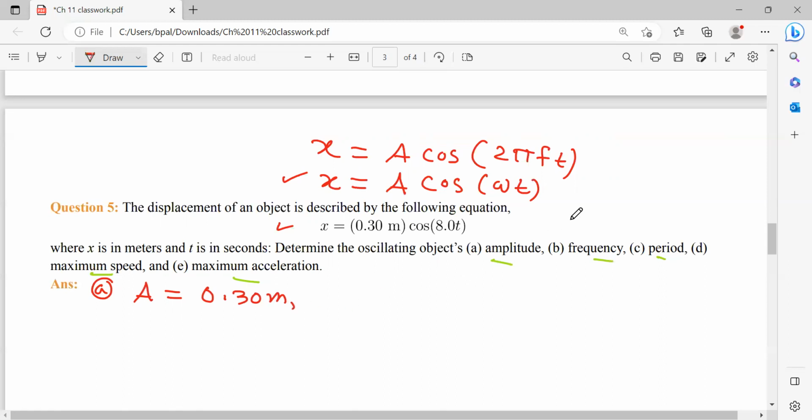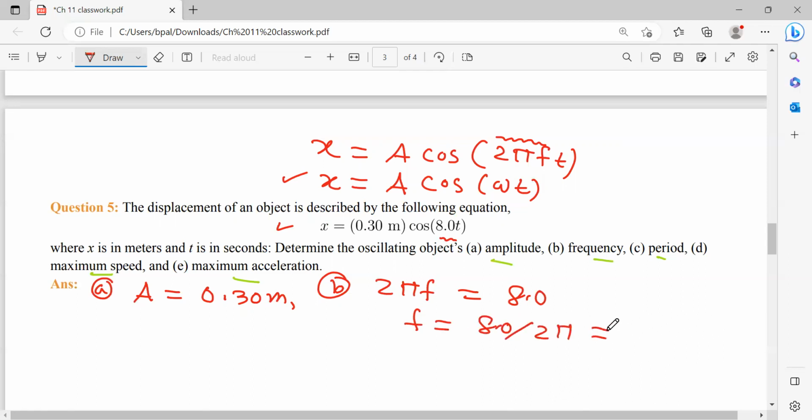Now frequency, if you want to calculate the frequency, you have to equate 2 pi f to 8, right? So the coefficient of t is 2 pi f. So 2 pi f equal to 8, so f equal to 8 over 2 pi, and that is equal to 1.27 hertz.